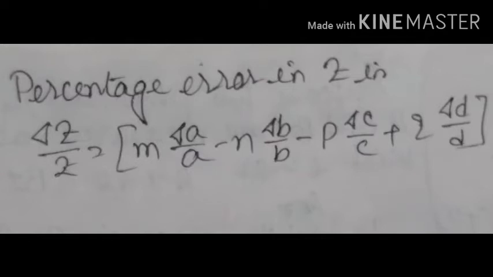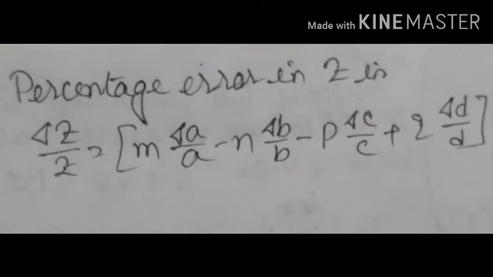We will learn it later, but with the help of index and logarithm, we can explain the percentage error in z: delta z by z is equal to m into delta a by a minus n into delta b by b minus p into delta c by c plus q into delta d by d.